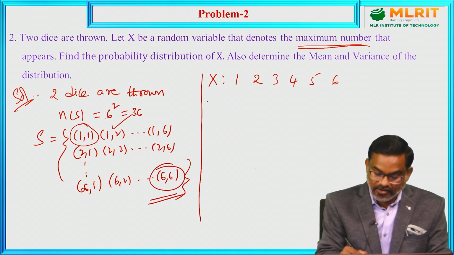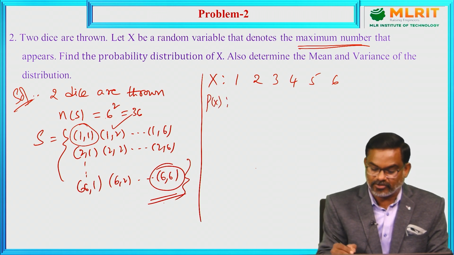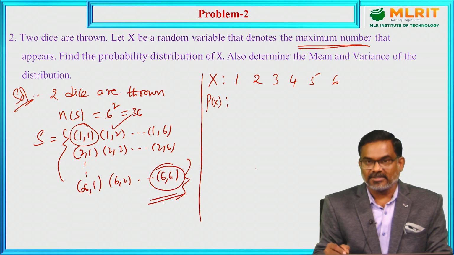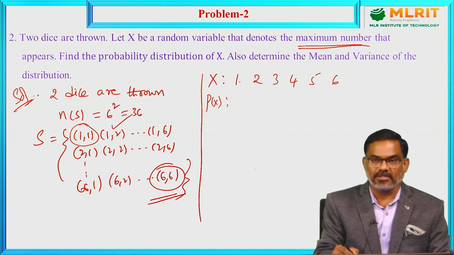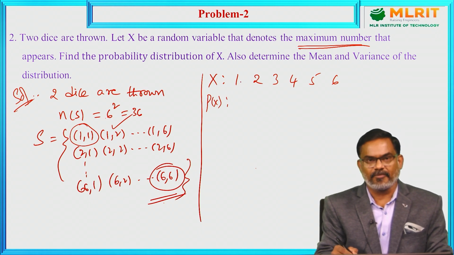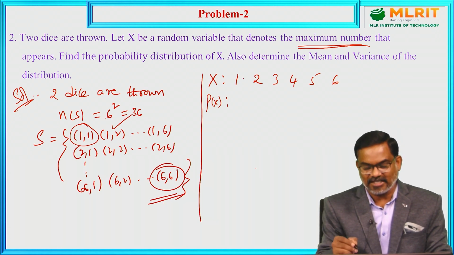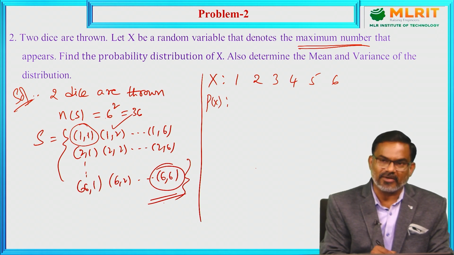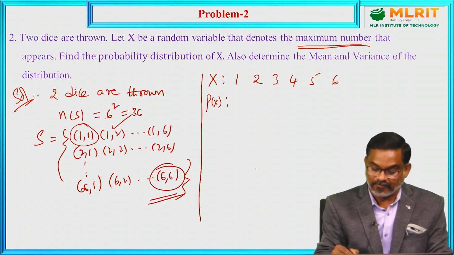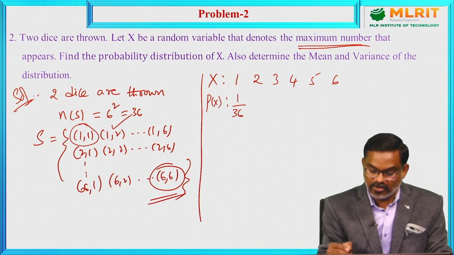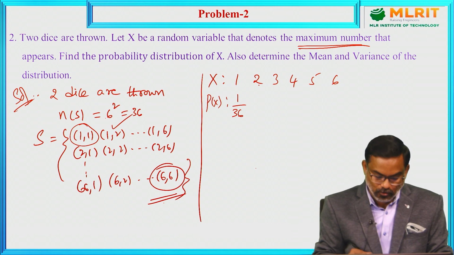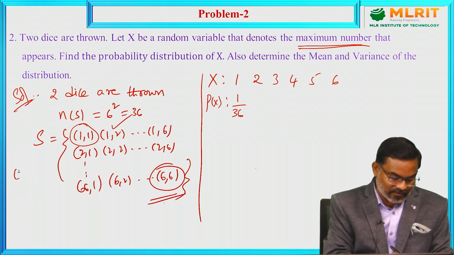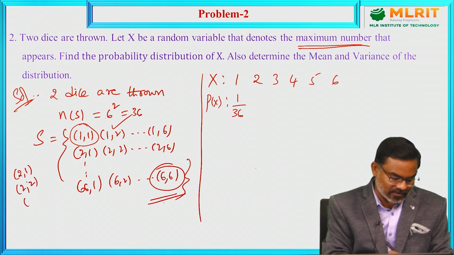Now, first we need to find the probability distribution. That means the set of values of xi and the corresponding probabilities. Coming to x equal to 1, the probability of getting 1 as maximum: there is only one favorable case, (1,1), out of 36 cases. Similarly, 2 is the maximum in (2,1), (2,2) and (1,2).